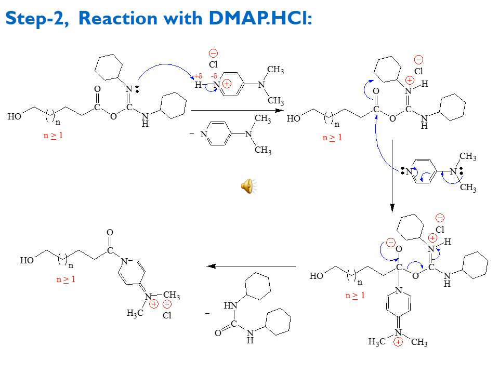All these positive and negative charges will become neutral, and we will get the removed byproduct, the N-substituted urea product, and the main product is the formation of attachment of this dimethylamino functionality on the carbonyl group.